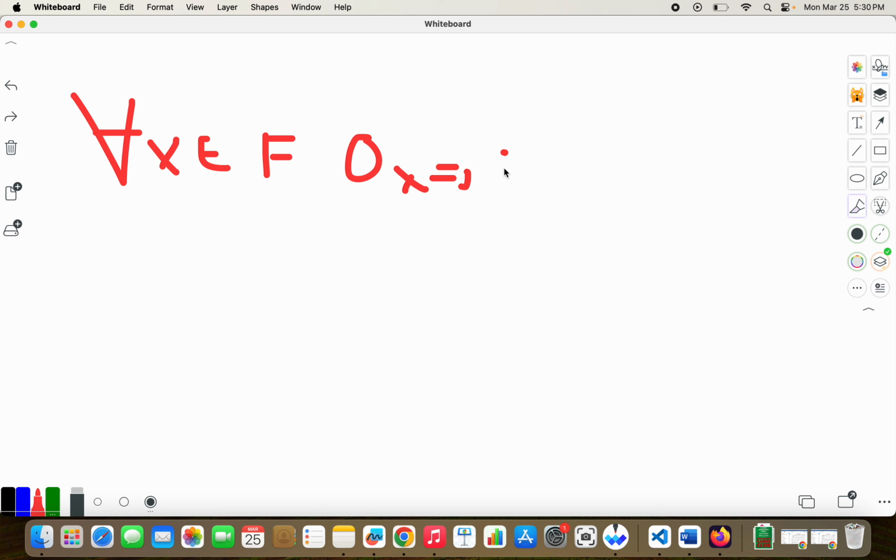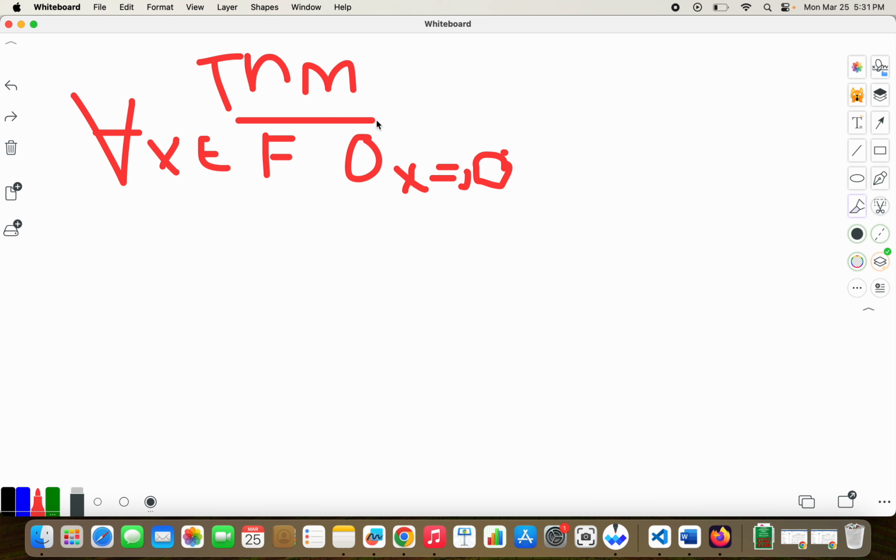I just put it as an axiom, but I don't remember if there was actually a proof for this. For all x in F, 0 times x equals 0. And I said the proof is an axiom.